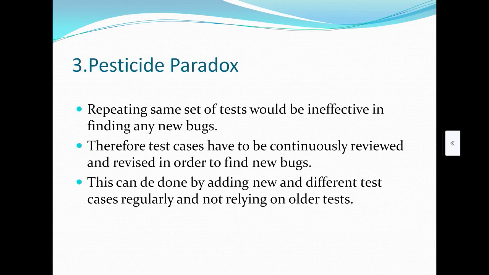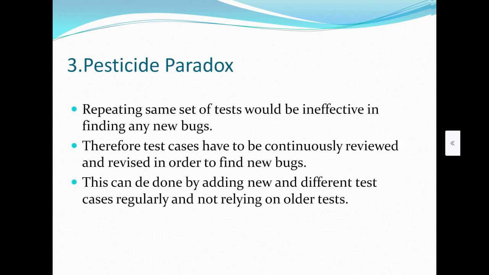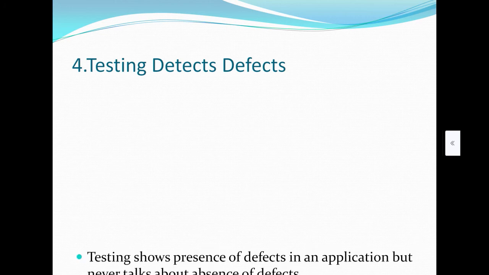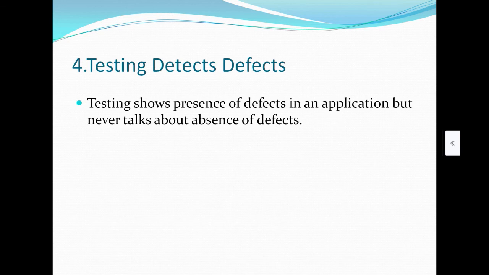So moving on, the fourth principle is testing detects defects, which means testing helps you to identify the presence of defects in an application, but we never talk about the absence of defects.